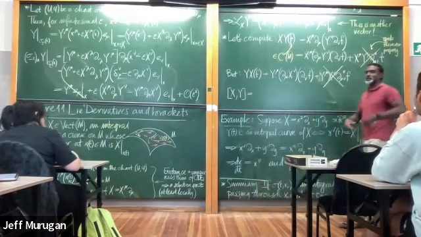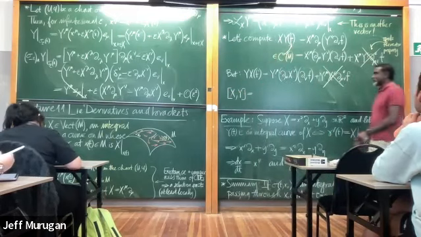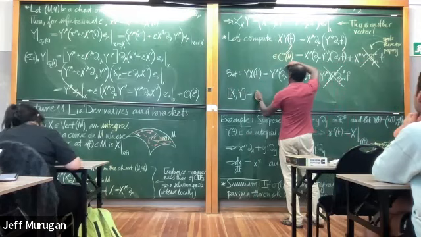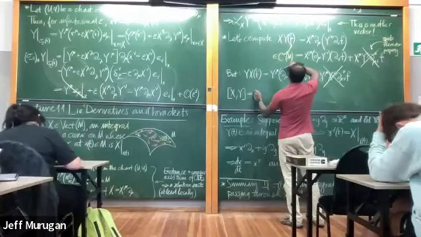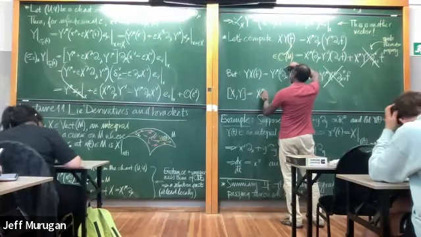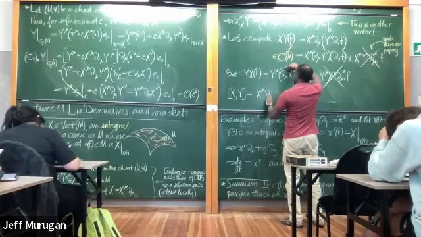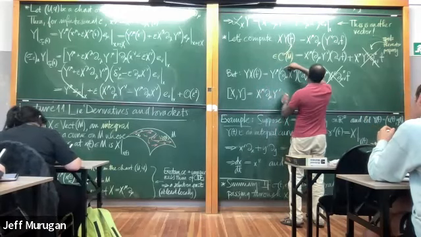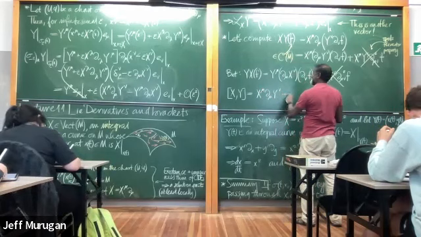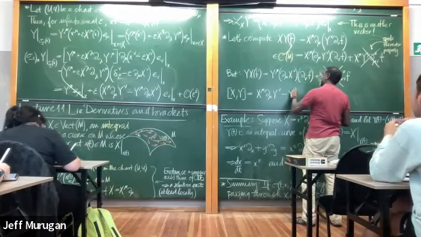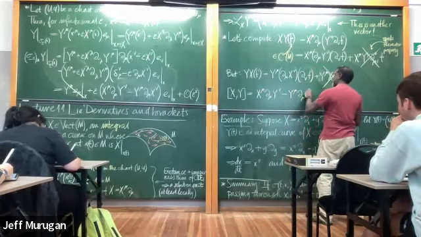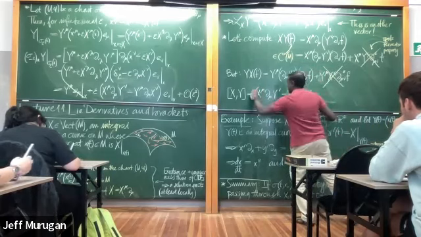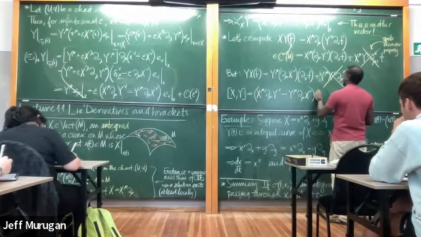Again, technically, I mean this thing acting on some test function is x mu d mu y nu minus y mu d mu x nu, all of which acts on this function.